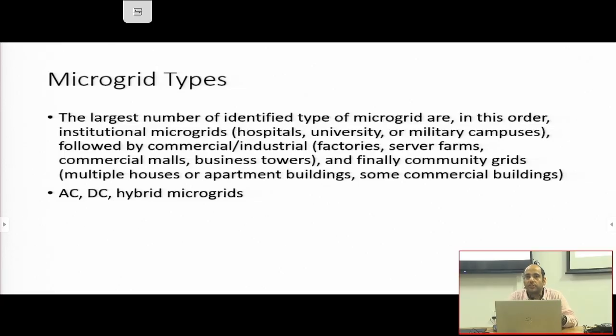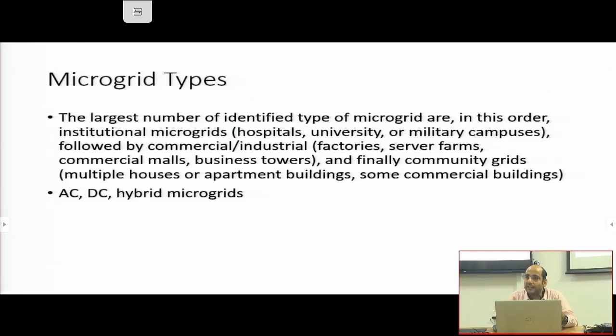Mainly because your generation and loads are mostly DC in nature. For example, when you talk about renewable, your solar is DC. Correct? Your loads, for example, nowadays we have battery based EVs, laptops, mobile phones, they all are DC because at the end of the day, they need DC power.